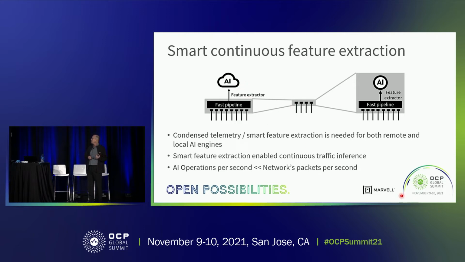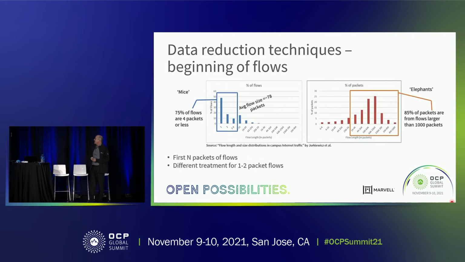This is important both in the case that you want the AI to be centralized, but also in the case that you want it to be distributed. In both cases, you want the number of events that the AI engine will handle to be much lower than the number of packets per second. And there are multiple strategies and techniques that we can use to reduce this amount of traffic.